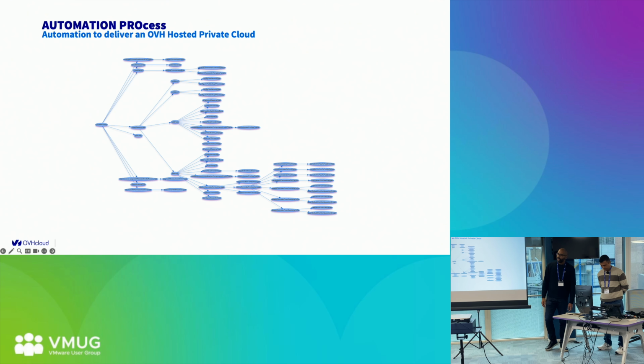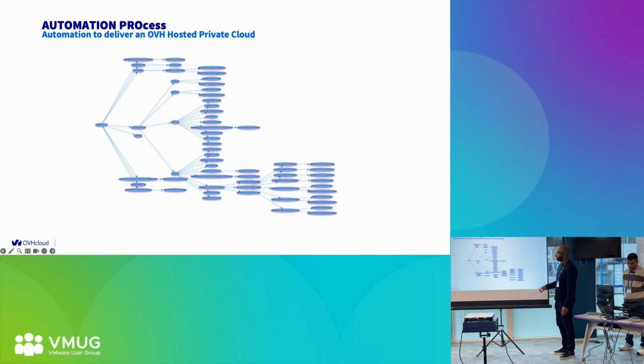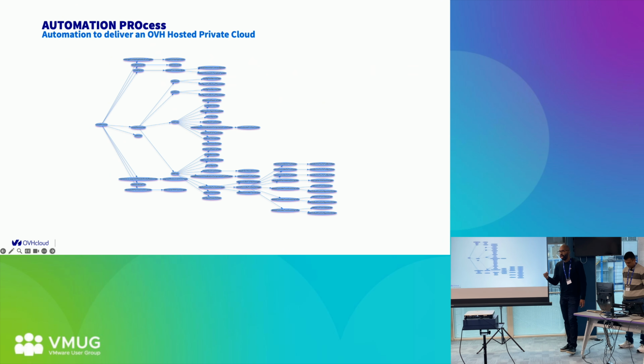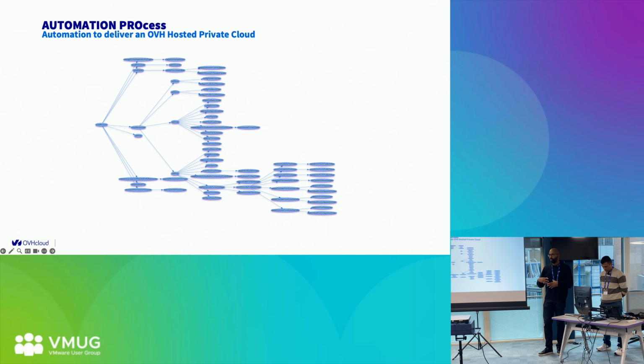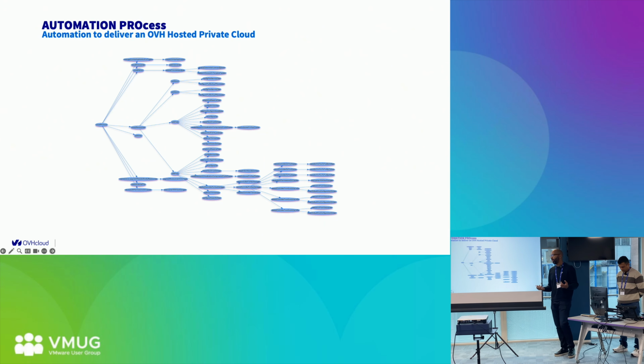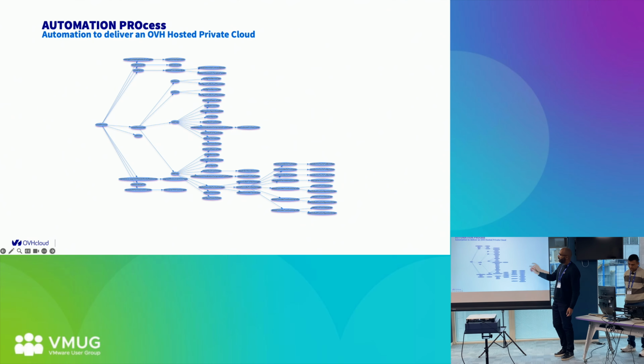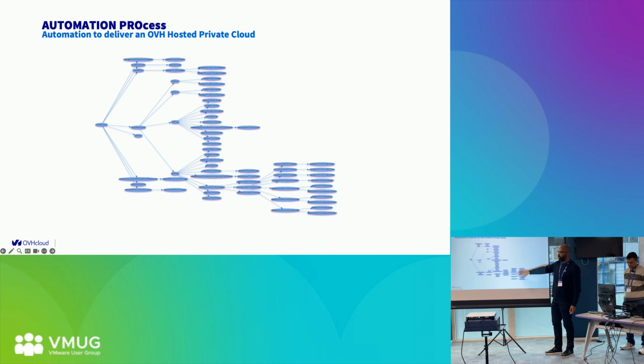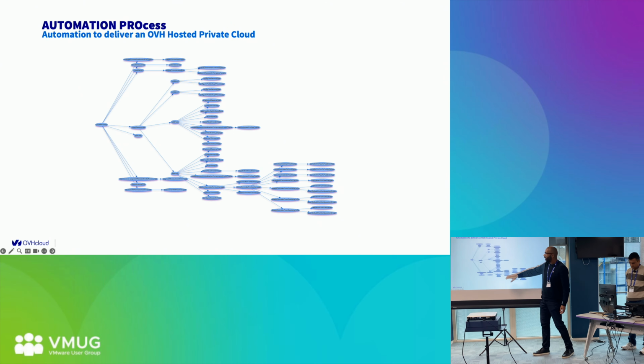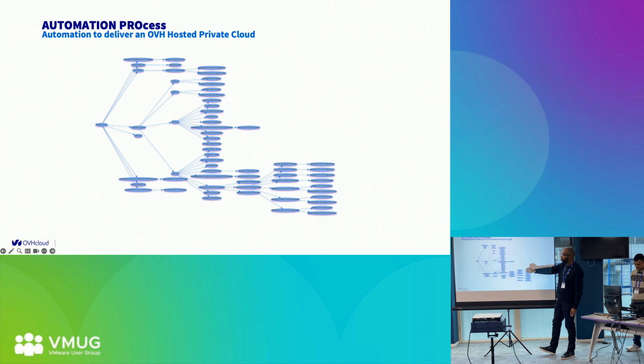Automation process. I spoke quite a lot about how every time you press the button, new services are deployed. This is what happens when you press the button behind the scenes. Lots of tasks are spawned.